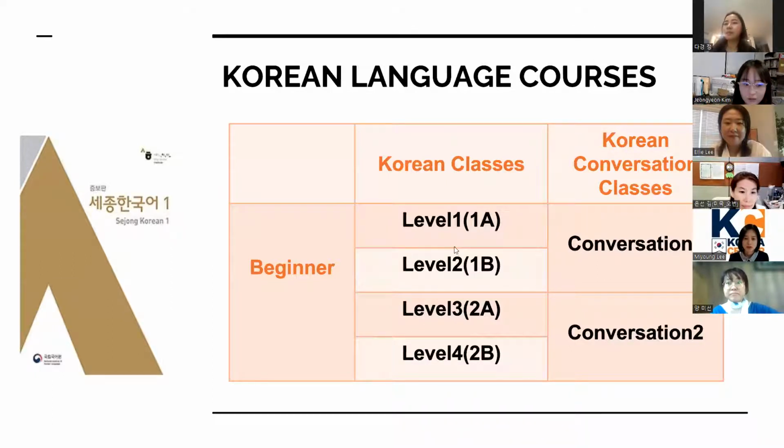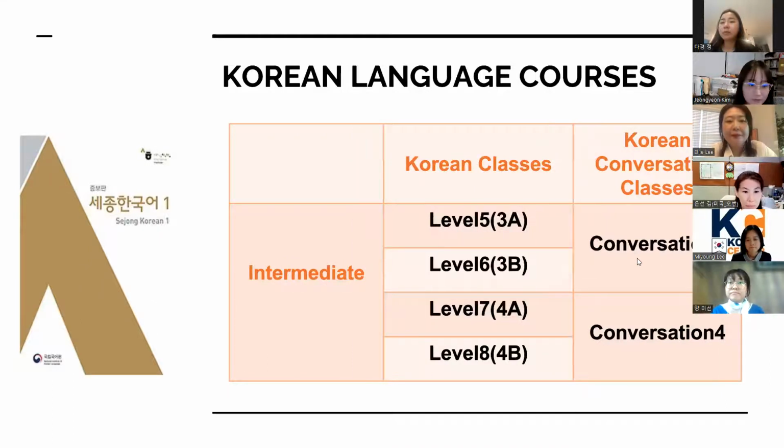Level 1 and level 2 are equivalent to conversation 1 class, and level 3 and 4 are equivalent to conversation 2 class. If you finish level 2, it will be helpful to practice and get used to speaking Korean if you take conversation 1 class after level 2.